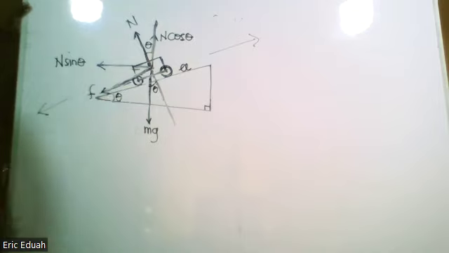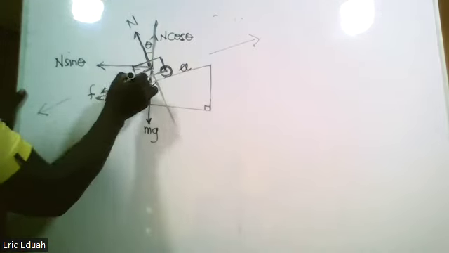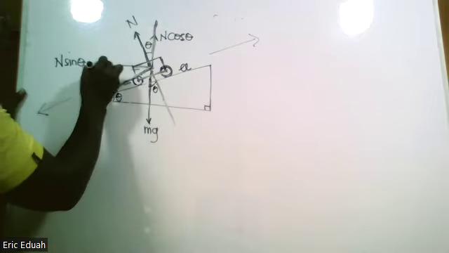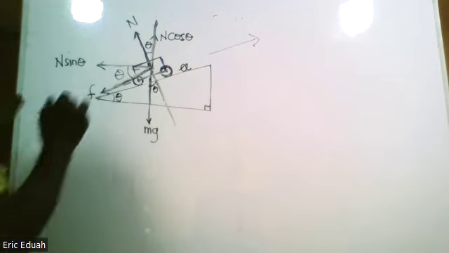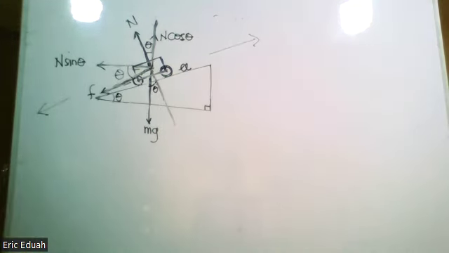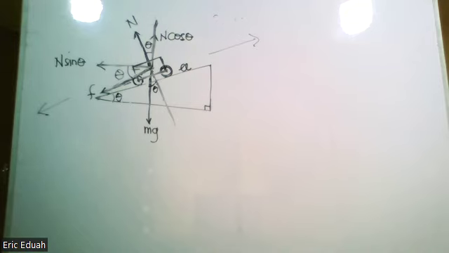When you tilt the road by theta, then the frictional force would also act at an angle to this component by theta. So it actually depends on how the road is tilted.